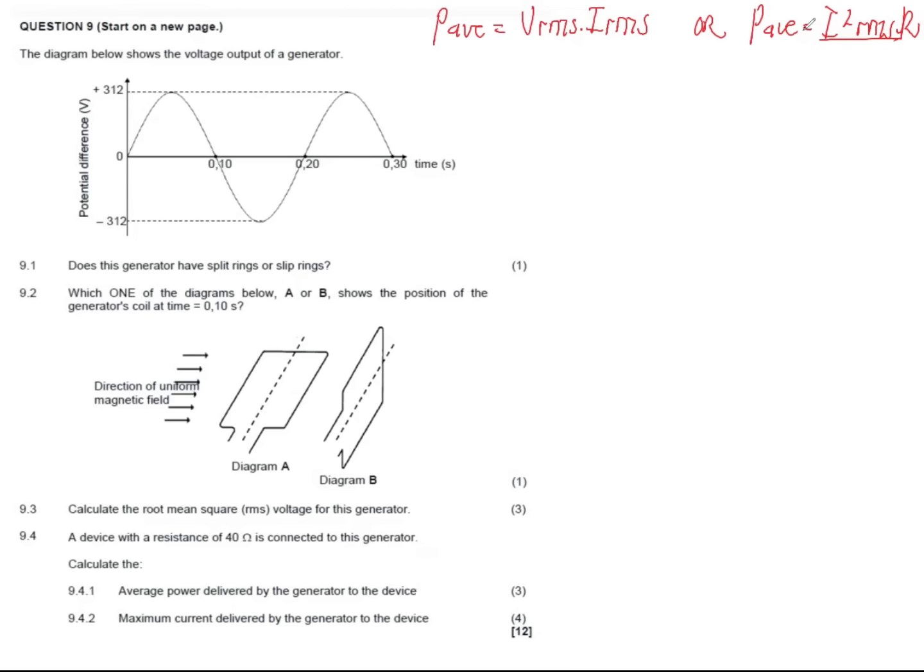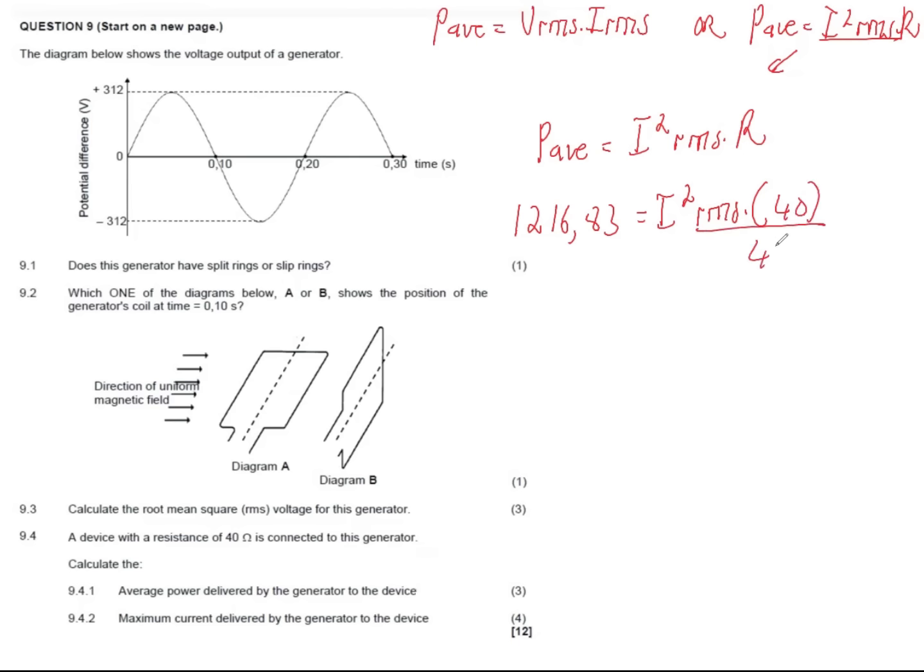Let me just go with this one because we hardly use it. Now we have calculated the average power, 1,216.83, from the previous question, and then we have our I squared RMS. The resistance is still 40, so we divide by 40 on both sides.